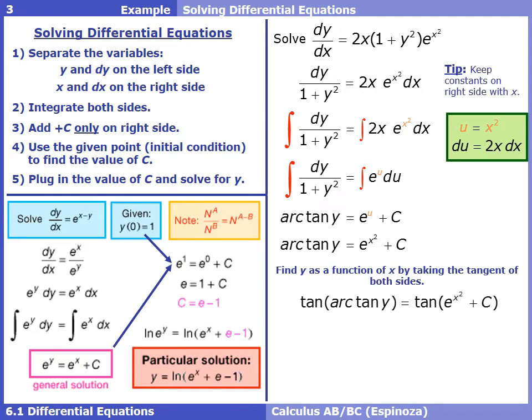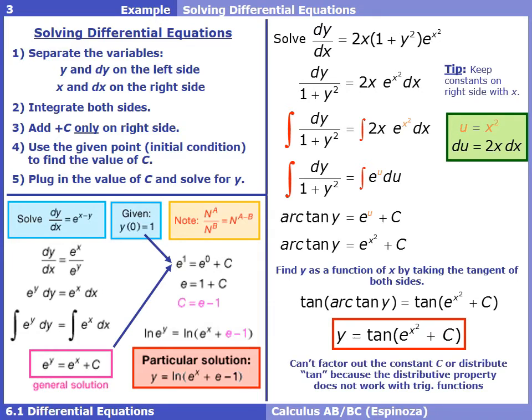Since tan and arctan are inverse operations of each other, they would, in a manner of speaking, cancel each other out. So if we tan arctan, those would cancel, so we're just left with y. And of course, if we tan the right side, then it would just be tan, parentheses are important, of e to the x squared plus c.